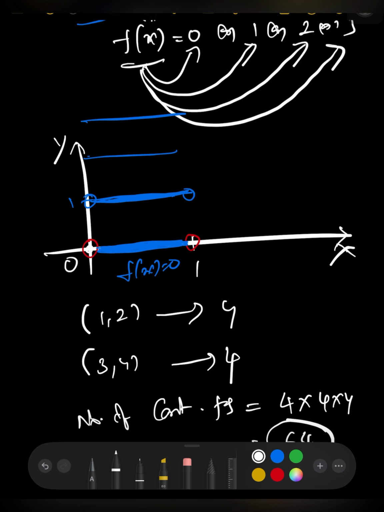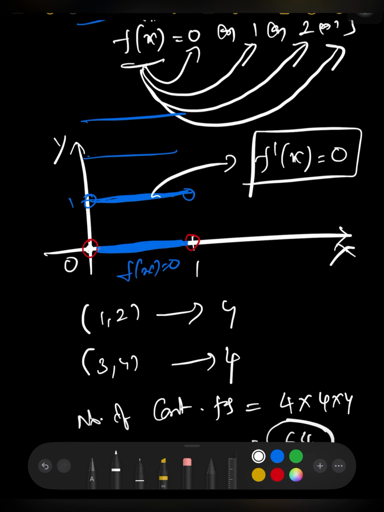like option B is wrong. And now for C, if you observe, the function is continuous, it is a horizontal line. What is the derivative of this? f dash of x is every time equal to 0. Whenever the function is continuous in a particular interval like 0 to 1 or 1 to 2 or 3 to 4, we get a horizontal line to make the function continuous.